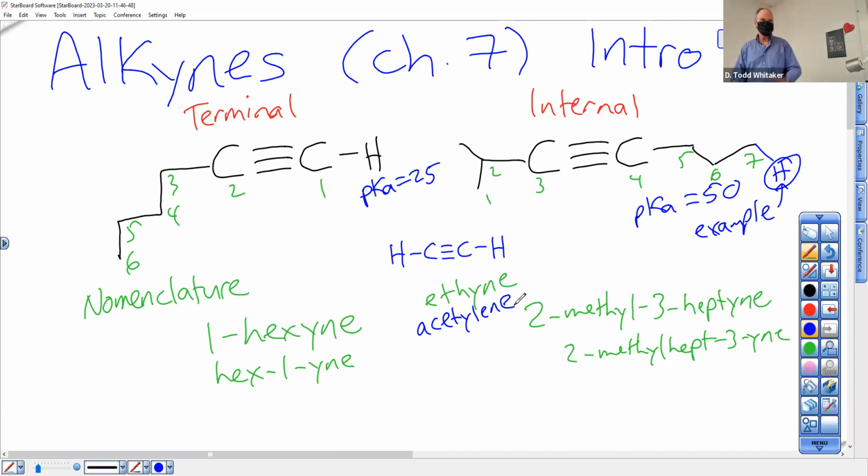They buy it in cylinders under pressure. They mix it with oxygen, and they light it on fire, and it burns incredibly hot. Who's doing this? The name of their job starts with a W. A welder. Nice job. A welder.